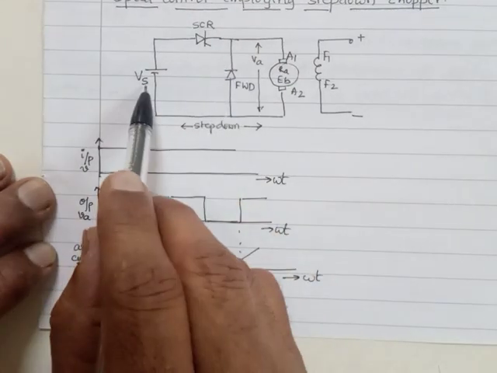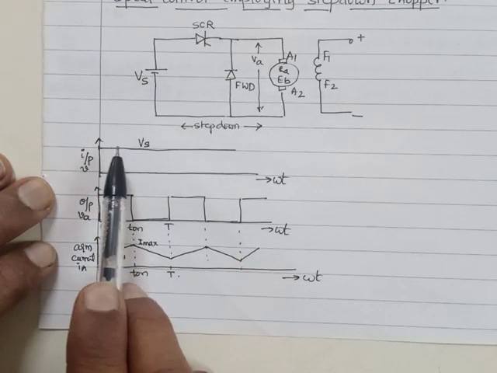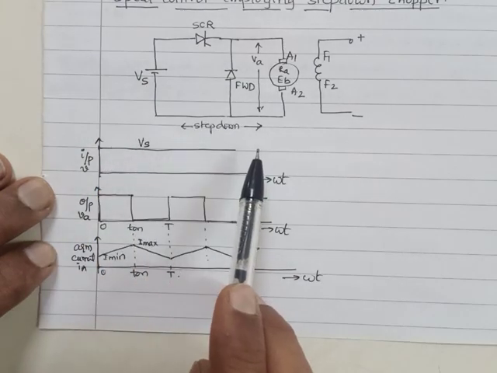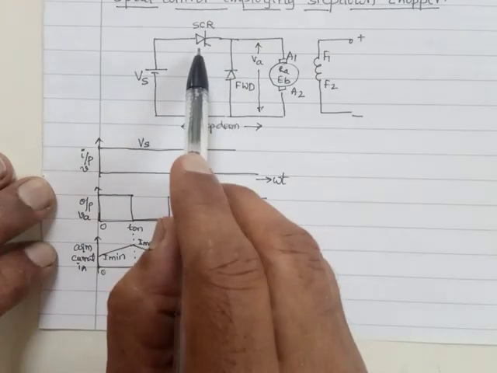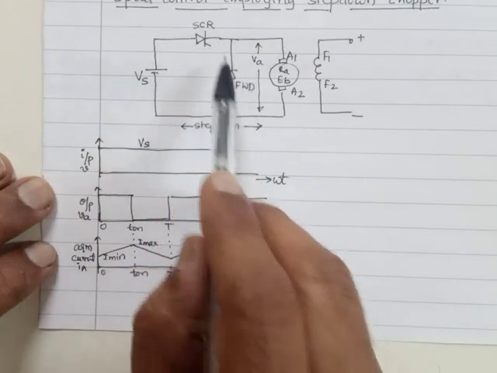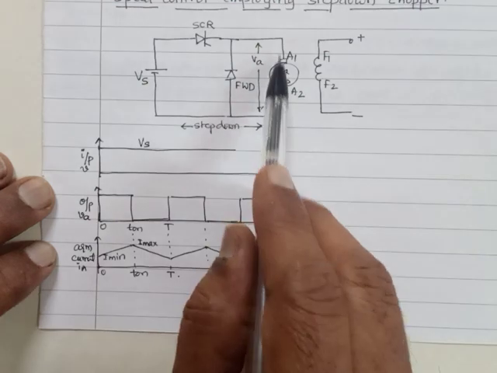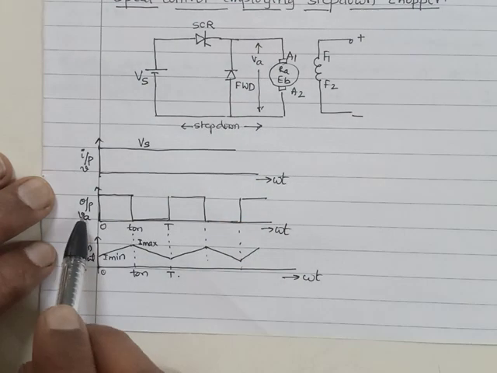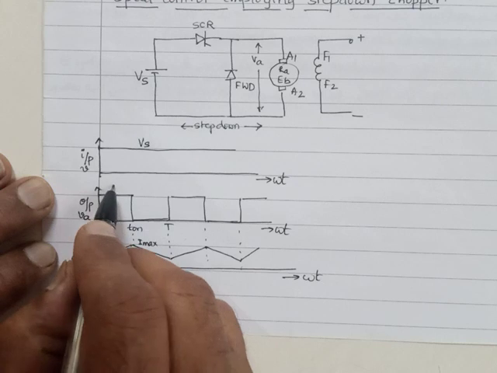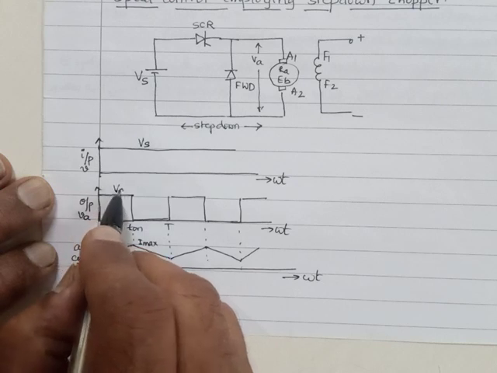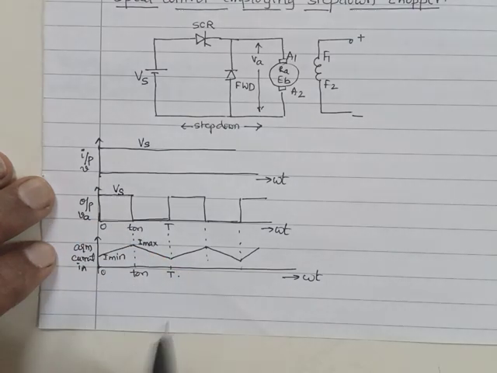The supply voltage is Vs. Vs is constant. Then when SCR is on, Vs will appear across this armature. So the output voltage VA when the SCR is on will be equal to Vs itself.